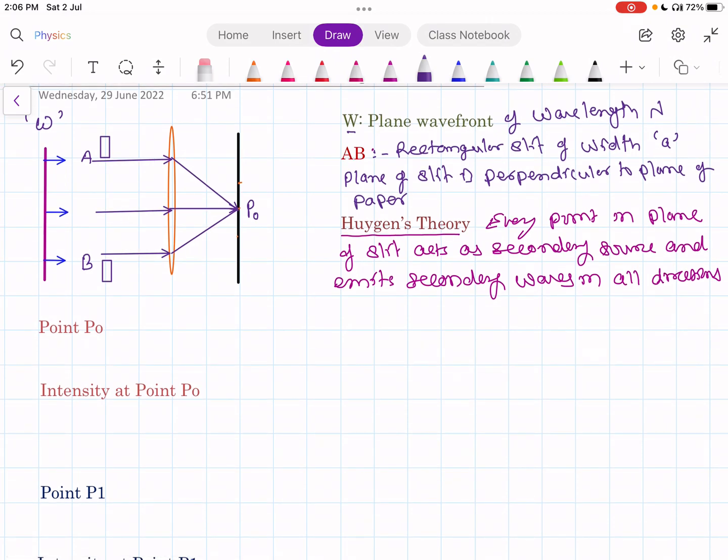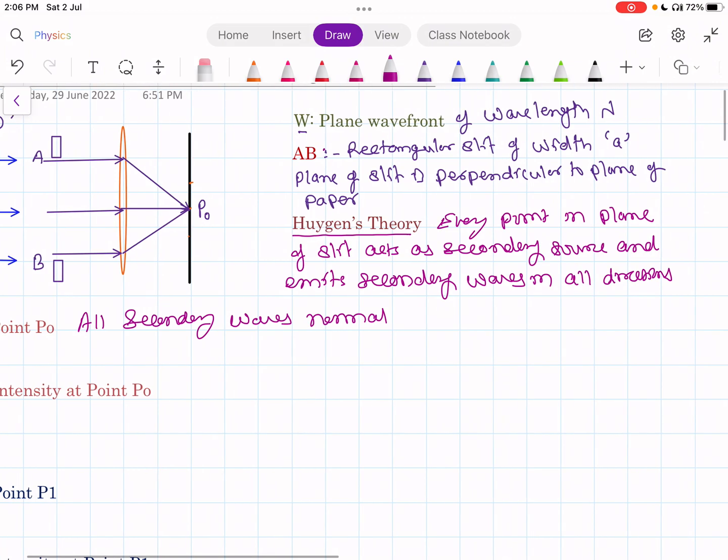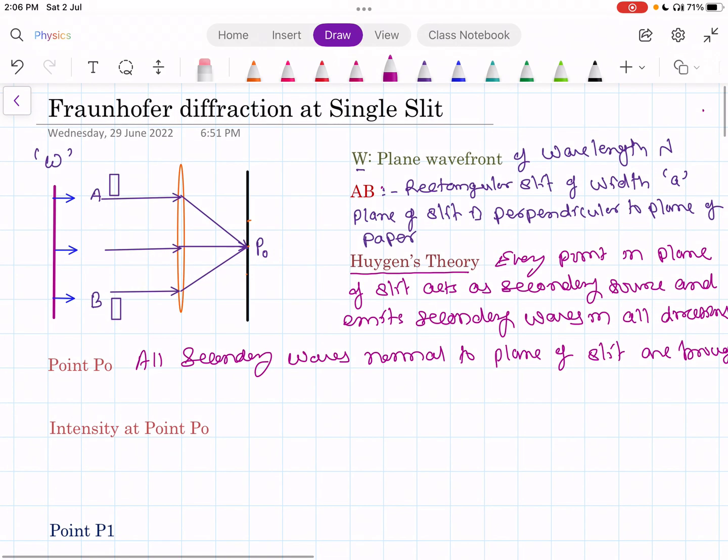So our point P0 is the point where all secondary waves which are traveling normally to the plane of the slit, or all secondary waves normal to plane of slit, are brought to focus at point P0.